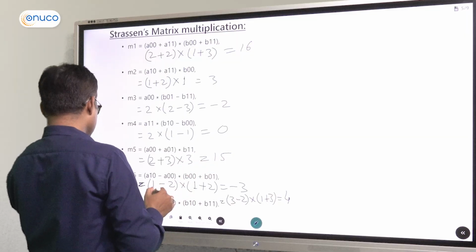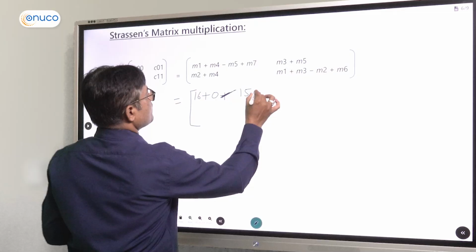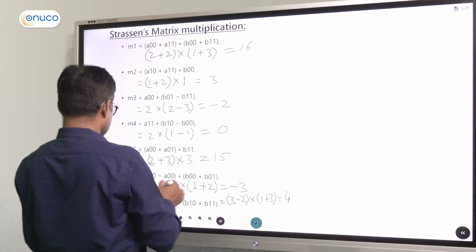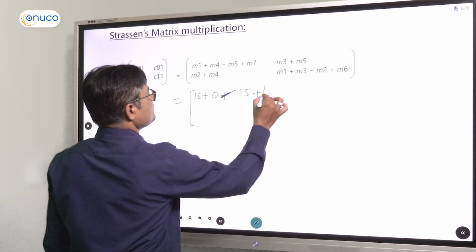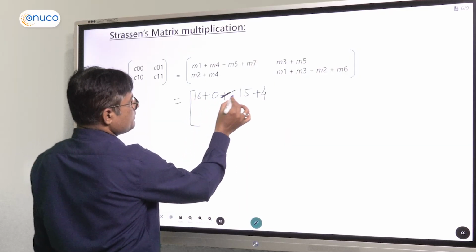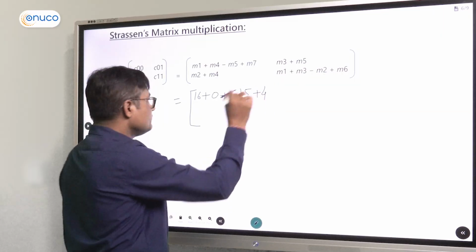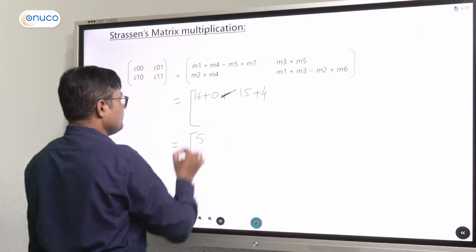M5 is 15, plus M7. M7 is 4. Right? So we compute this: 16 plus 0 is 16, minus 15 is 1, 1 plus 4 is 5. So our resultant matrix element is coming as 5.